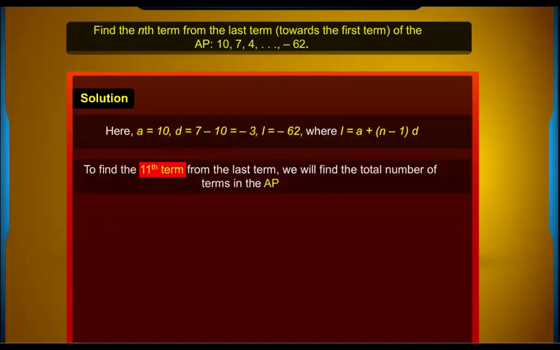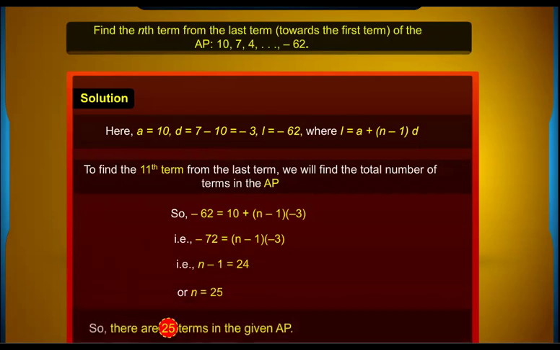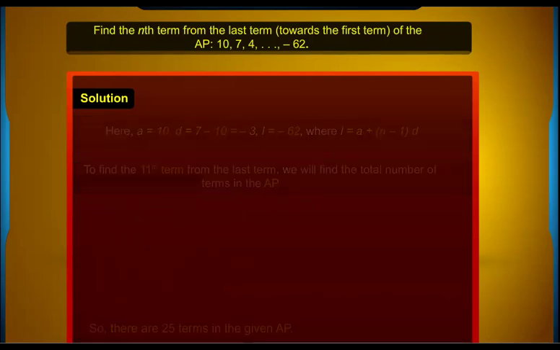To find the 11th term from the last term, we will find the total number of terms in the AP. So, -62 = 10 + (n - 1)(-3). That is, -72 = (n - 1)(-3). That is, n - 1 = 24, or n = 25. So there are 25 terms in the given AP.